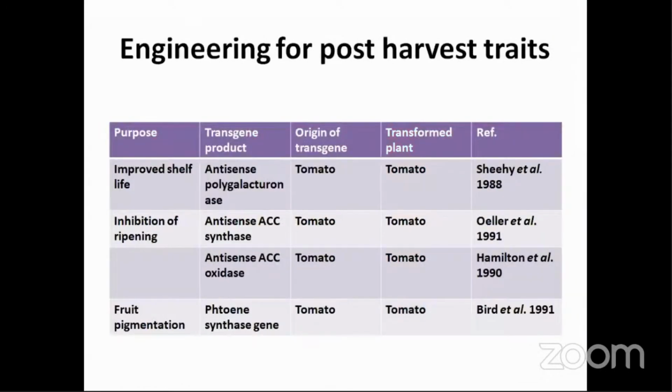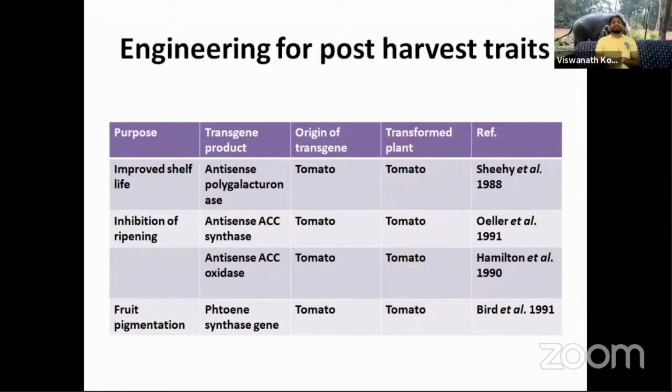L-phosphinothricin. So engineering for post-harvest traits, especially in tomato, as I told earlier, these fruits and vegetables have very less shelf life. So we have to increase the shelf life of these fruits and vegetables. How can we increase it? By slowing the ripening process, we can increase the shelf life of the vegetables. So all these genes: antisense polygalacturonase, ACC synthase, ACC oxidase, phytoene synthase genes.